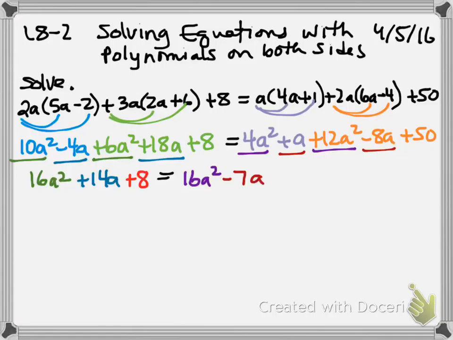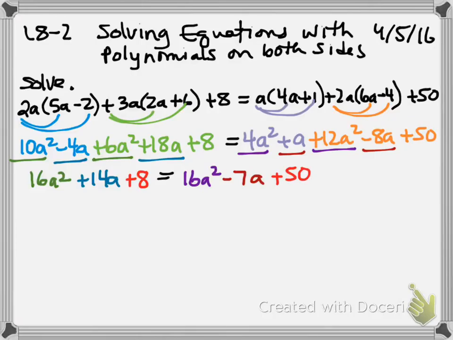Remember, when I'm combining like terms, I'm doing whatever math it tells me to do. I don't do inverse operations when they're on the same side, and nothing happens to the variable. So what do you see that's kind of interesting that's going to make this problem easy to deal with? Joey?